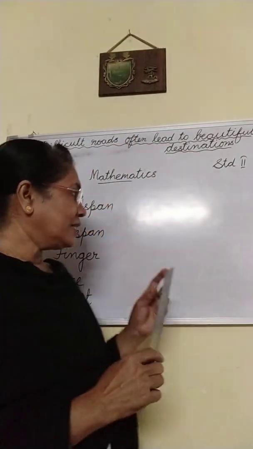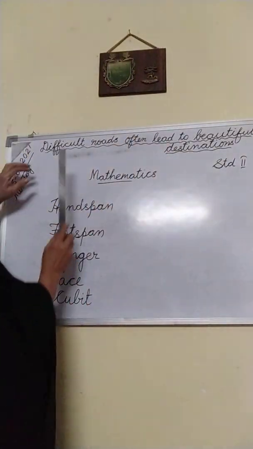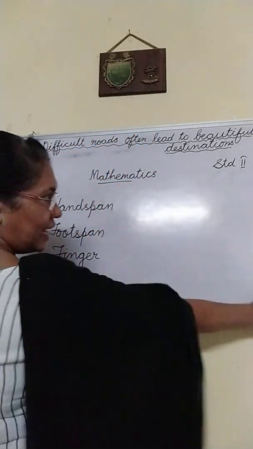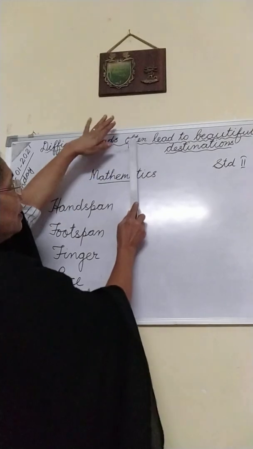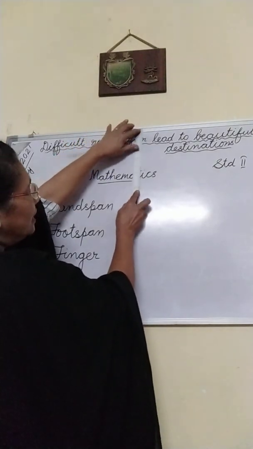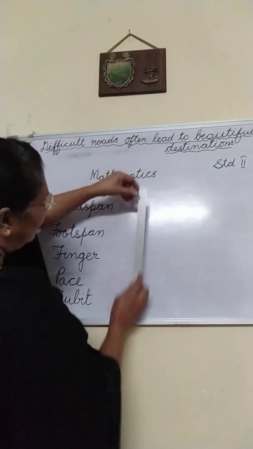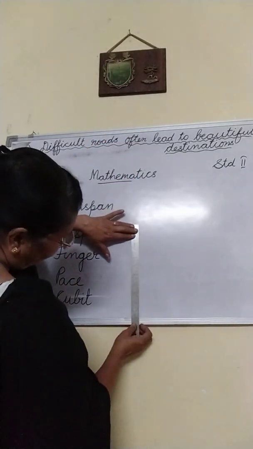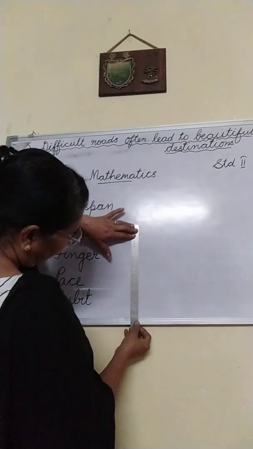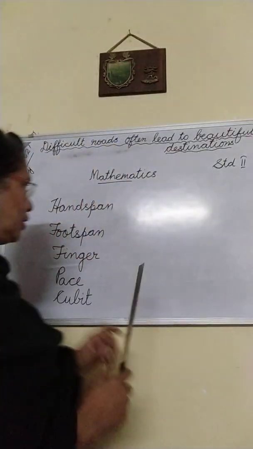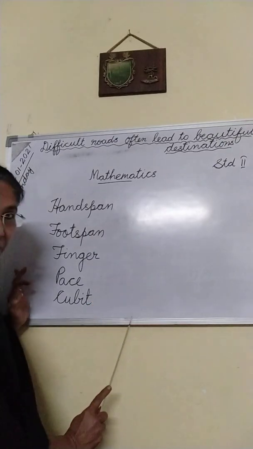Now I want to measure the breadth of this. This is the breadth and this is the length of the board. It is already 30, then 30 plus 22, it is 52 centimeters. Now I want to measure only the half of the board.